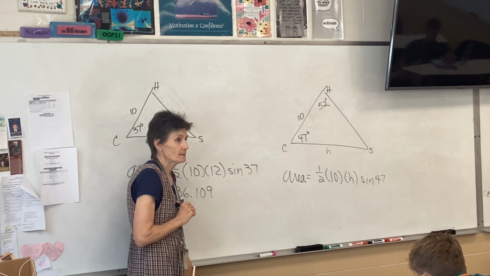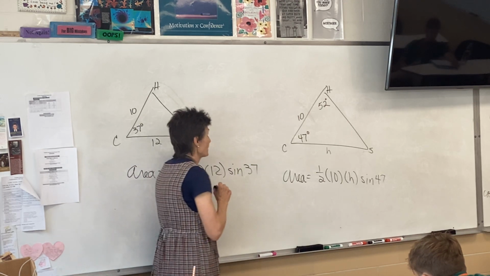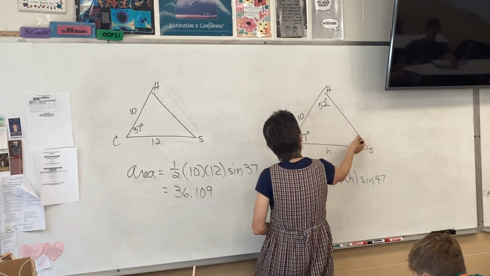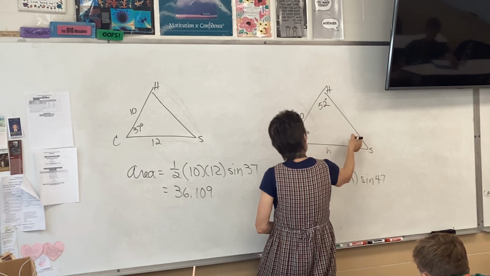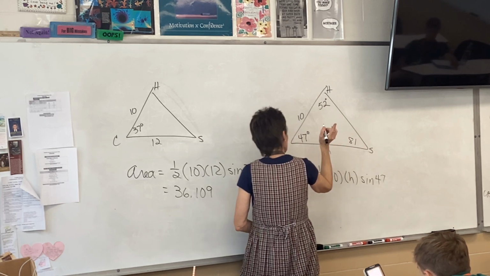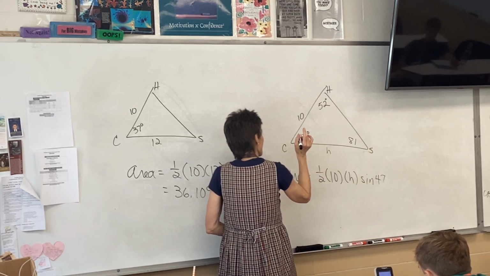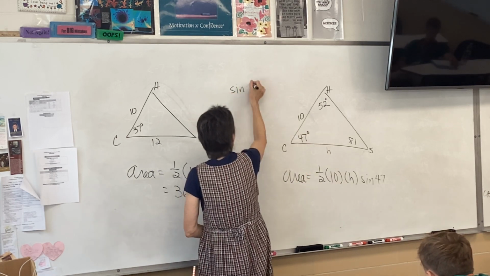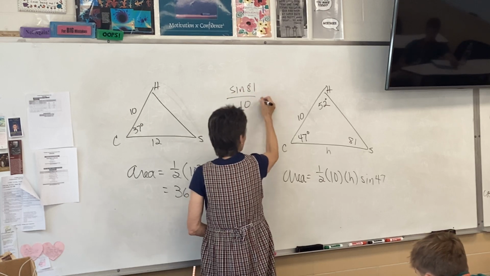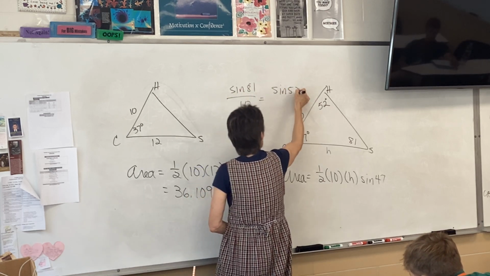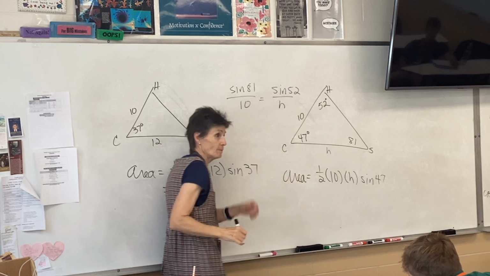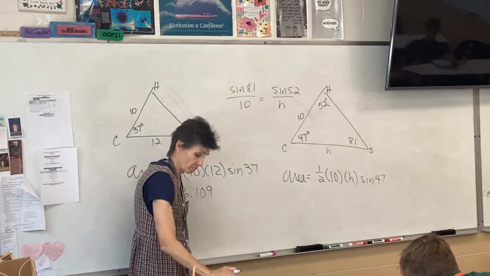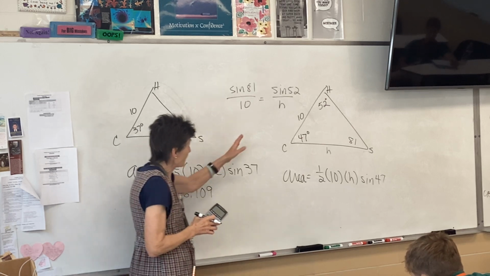How are we going to find side H? Law of sines? Because if that's 47 and that's 52, what's this one? 81, check my arithmetic, is that right? Yeah. So, sine 81 over 10 equals sine 52 over H. Everybody okay, law of sines?